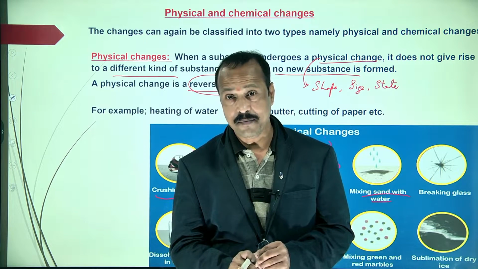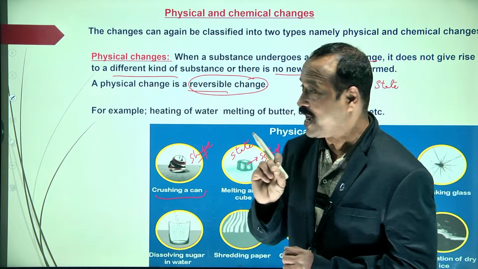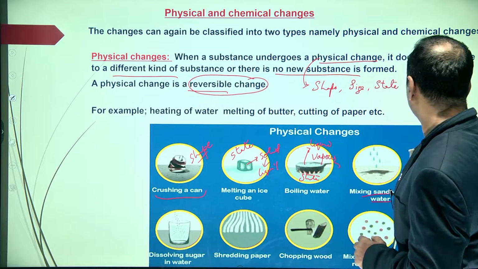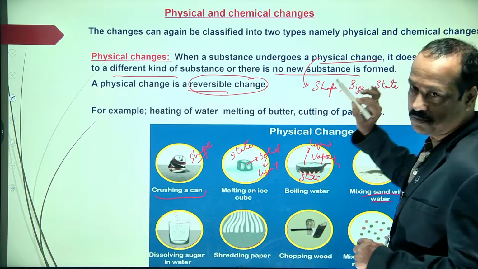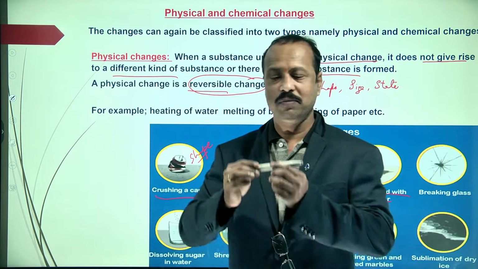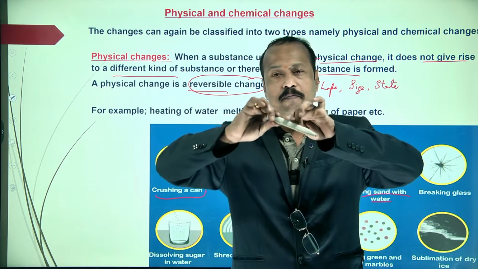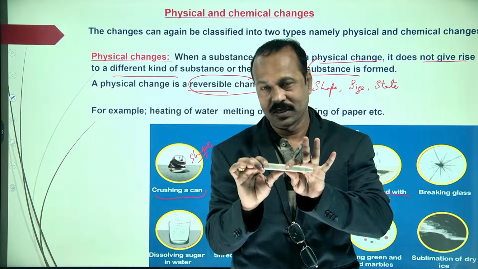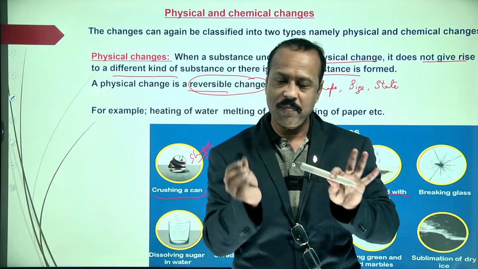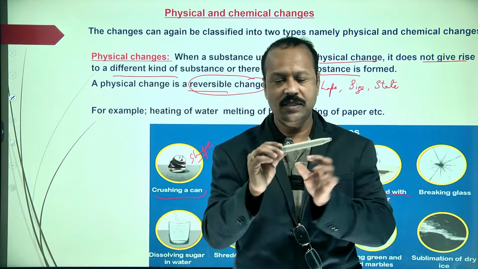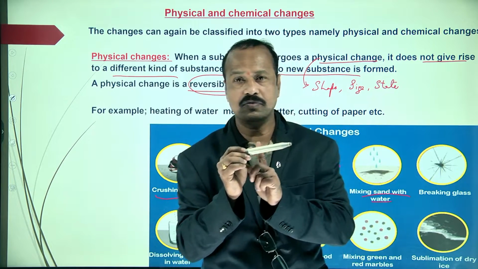But the thing is that here our main concept is that it is not giving any new substance, no change in composition. Means what? For example, you see this is a pen. I'm breaking this one into two pieces. Now after breaking into two pieces, this total pen is made up of some material, plastic.